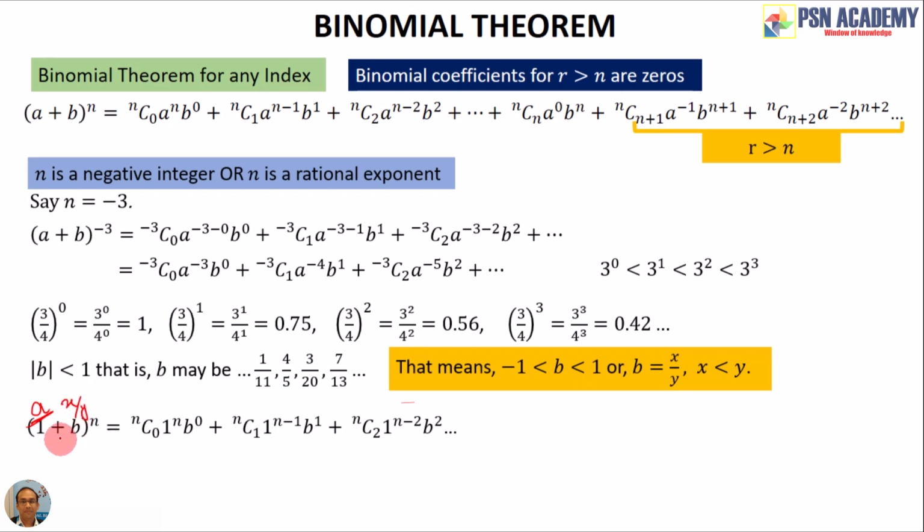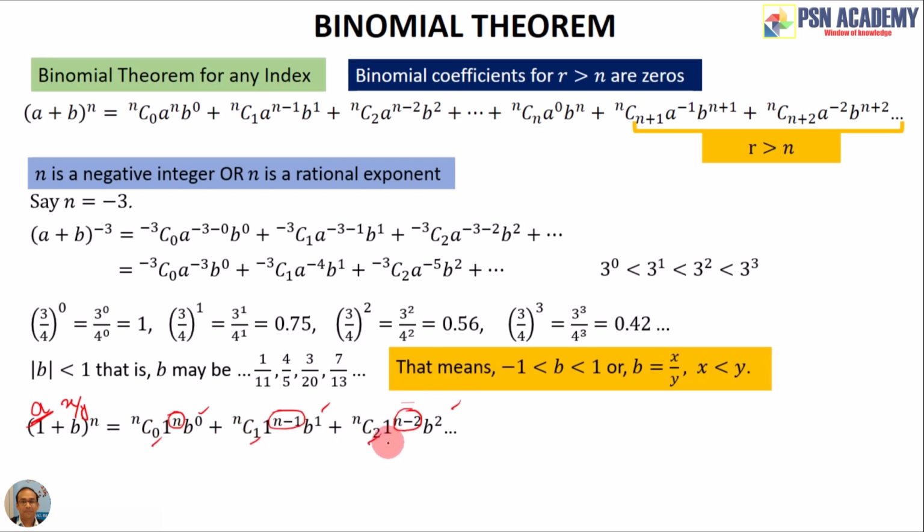So if you have this, then you can simply have this kind of expansion, that nC0. We have used this expansion before. The same expansion we have written here, nC0, 1 raised to n, b raised to 0. That means A is starting from n. A goes down by 1, A goes down by 2 like that, and B starts from 0, then 1, then 2, and this one is nC0, nC1, nC2.